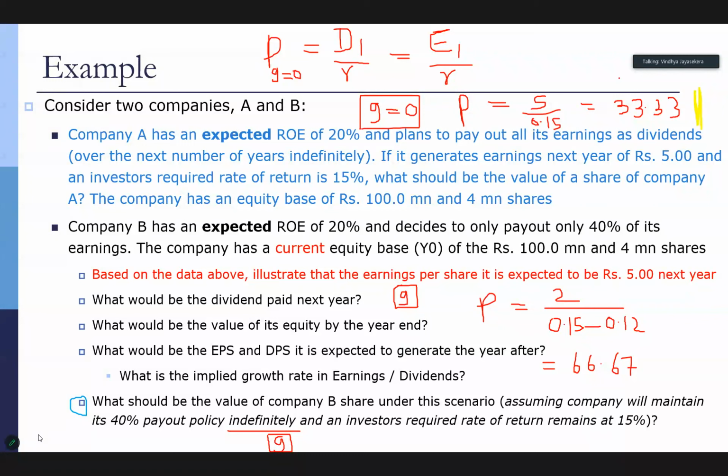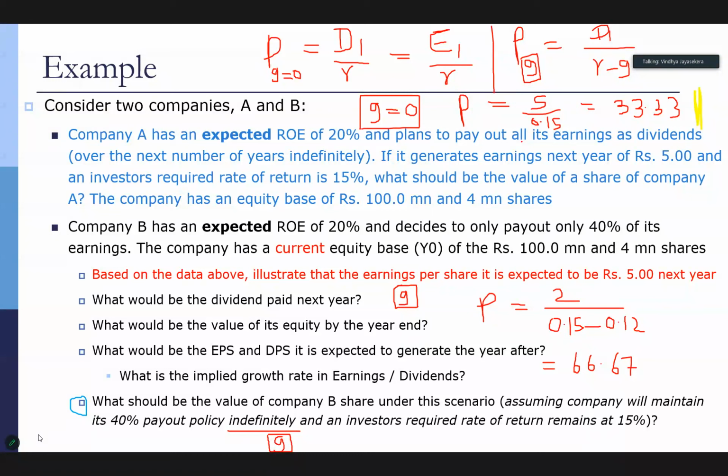The value of a growing company, assuming constant growth, it doesn't necessarily have to be, but for ease of calculation, assuming constant growth, is equal to D1 divided by R minus G. Then what should be the difference between these two figures?